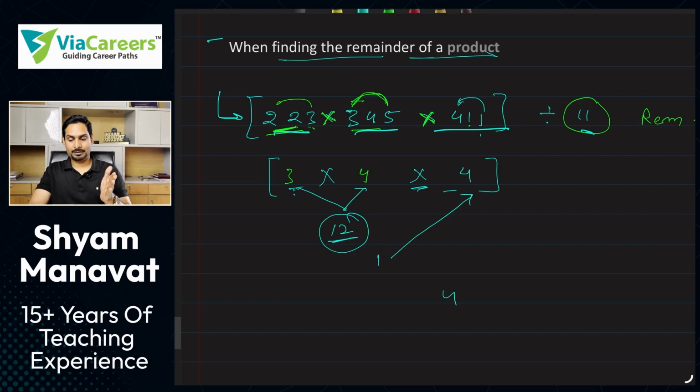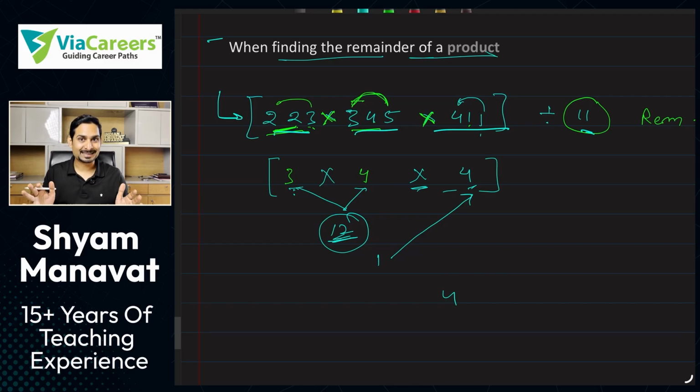So even if you do 4 12s are 48, 48 divided by 11, the remainder is again 4, correct? So keep in mind, the moment you get a number which is more than the divisor, you can further divide it, because your sole objective is to get the remainder. You don't care what the quotient is.